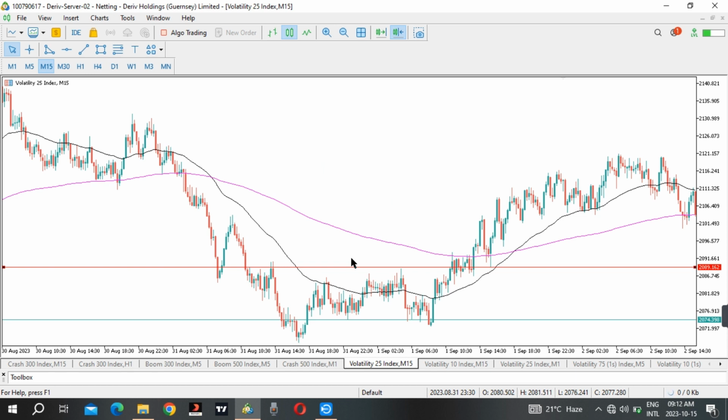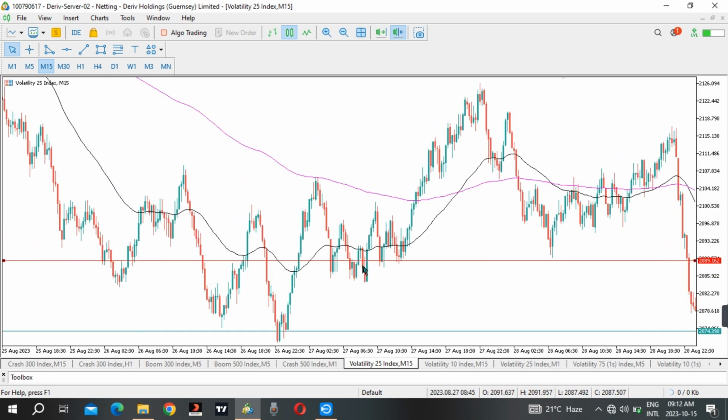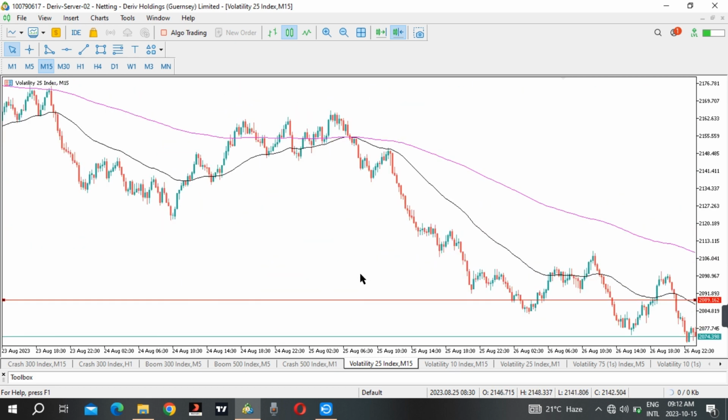Being in control of your emotions can be a little bit tough, because we're human beings, we have emotions, we act emotionally most of the time. But having a trading plan, that's why I insisted on you having a trading plan. You know that you only enter these types of setup, you only enter on this and that. So if you're able to follow that trading plan and have the discipline to follow the rules that you wrote down yourself, then most of the time you are going to be profitable.